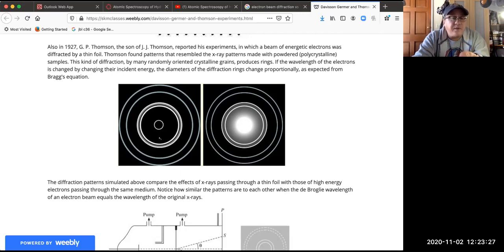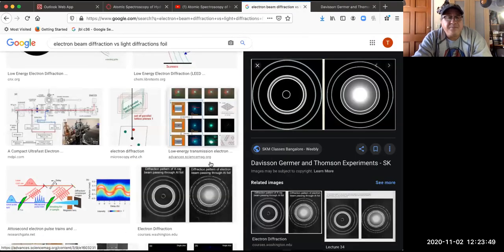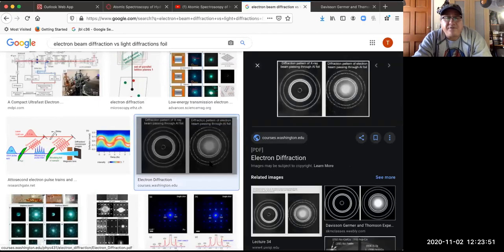On the left, we have X-rays passing through tin foil and we see a diffraction pattern. And on the right, we see electrons passing through the foil and we see a diffraction pattern. So if light produces this diffraction pattern and electrons, which are particles, produce this diffraction pattern, the idea is pretty simple: maybe we can treat particles as if they are waves instead of as if they're particles.